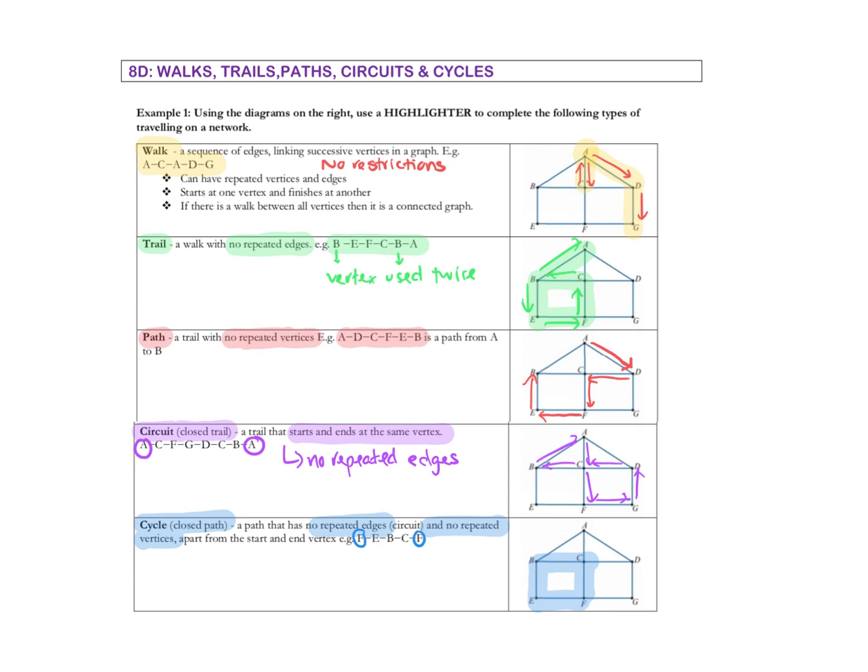Now, because you have no repeated vertices between the start and the finish, you should always see different letters there. If it's a cycle, you won't see the same letter because you never repeat a vertex. So that's a good way to know you've definitely got a cycle, because you won't see any repeated things.